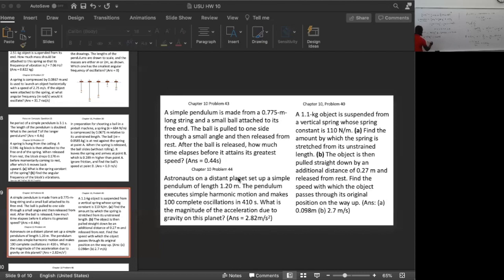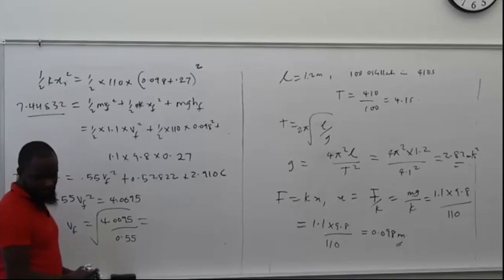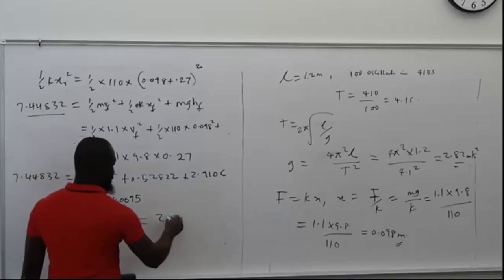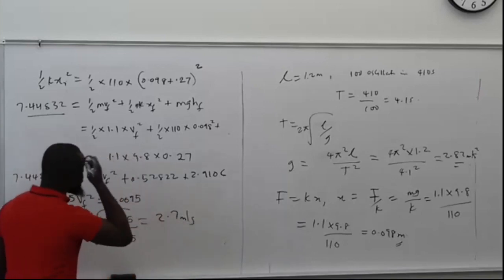So v final is the square root of 4.0095 divided by 0.55. It's giving me 2.7. Oh, sorry guys, I forgot to stop sharing. 2.7 meters per second.